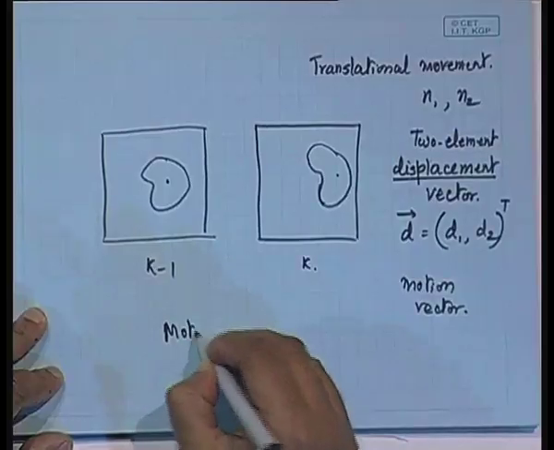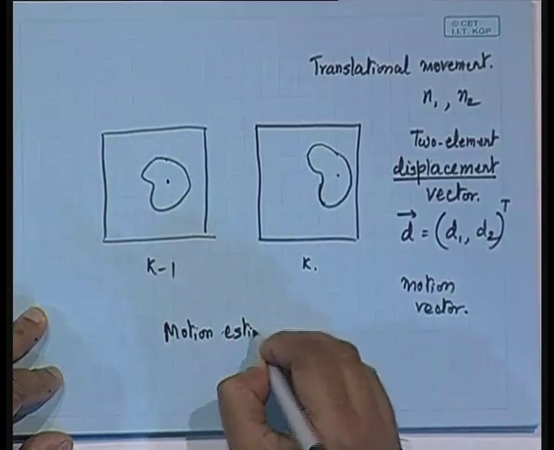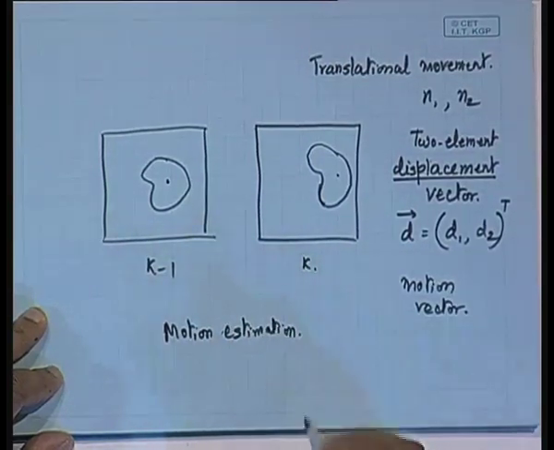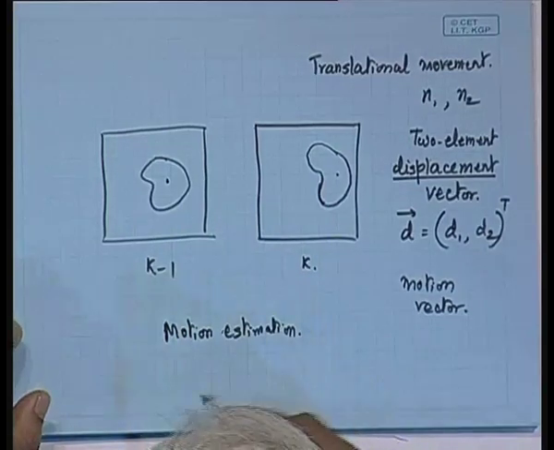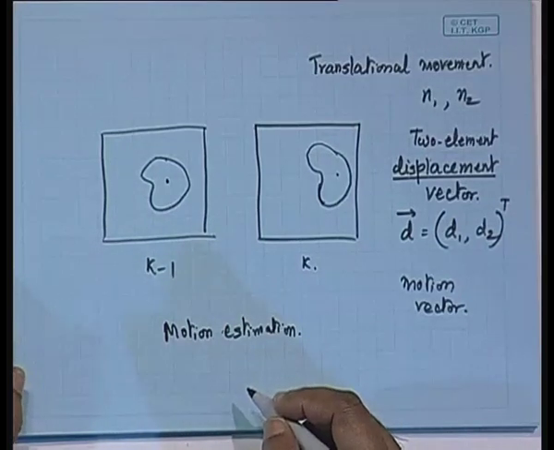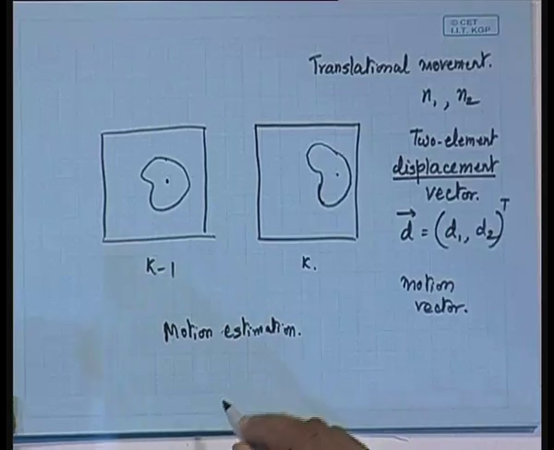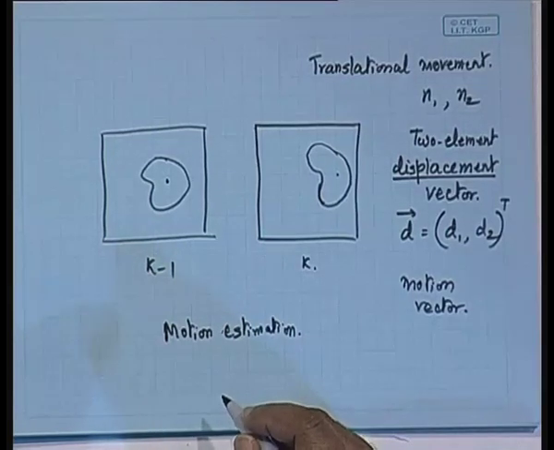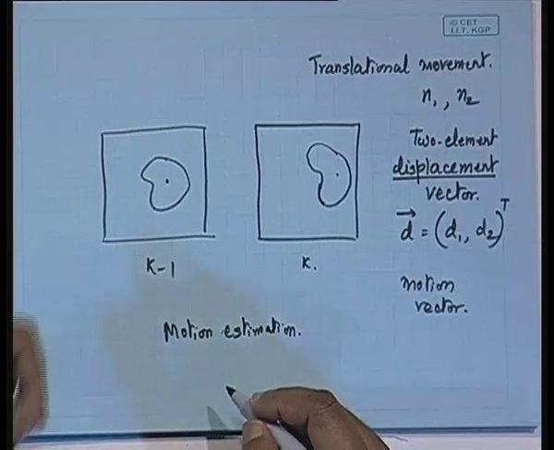The process of finding out this displacement is basically a search technique, and it is popularly known as motion estimation. This aspect was completely missing in still image compression. But in the case of video, we are going to have a motion estimation process, so that the displacement undergone by every block can be measured with respect to its past frame.